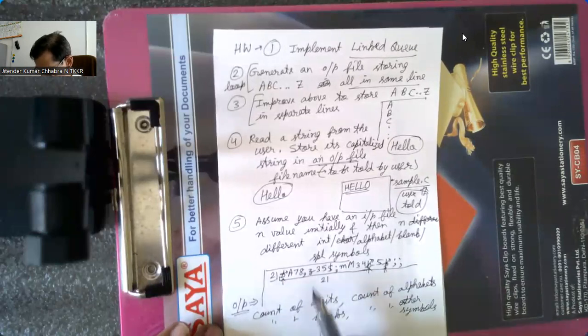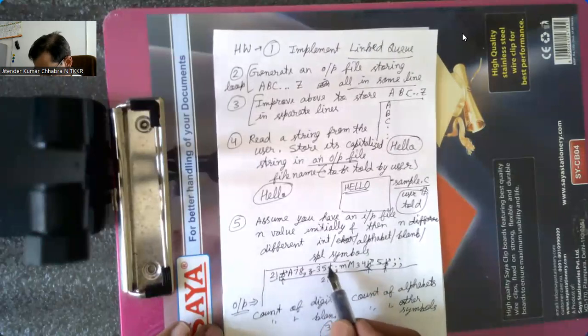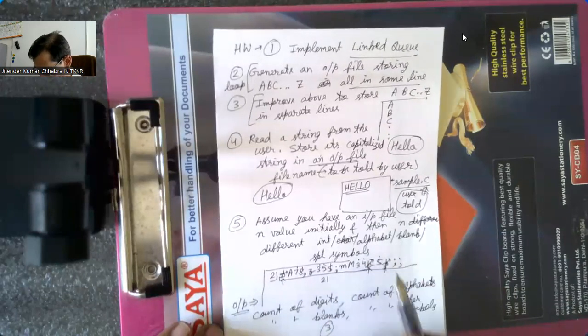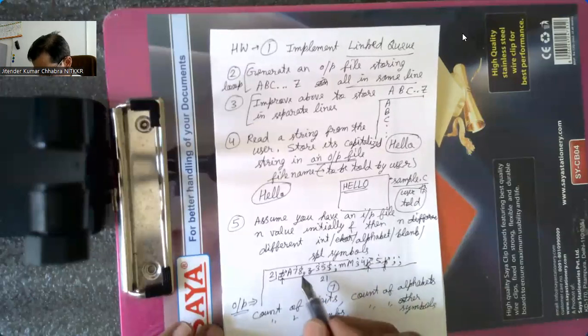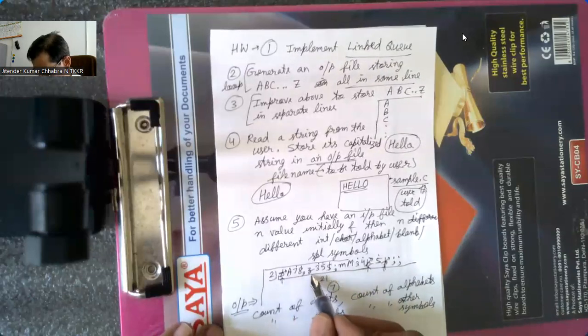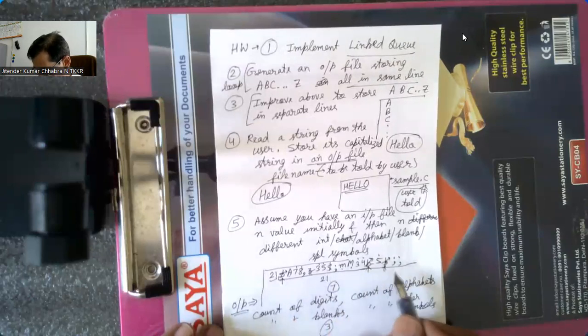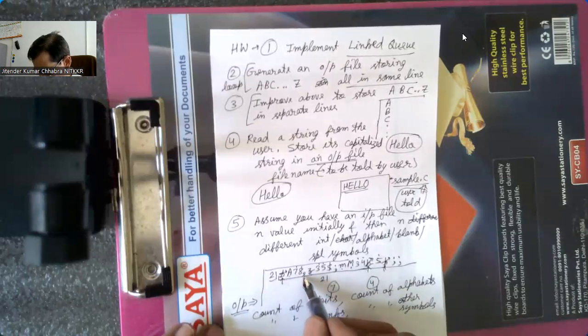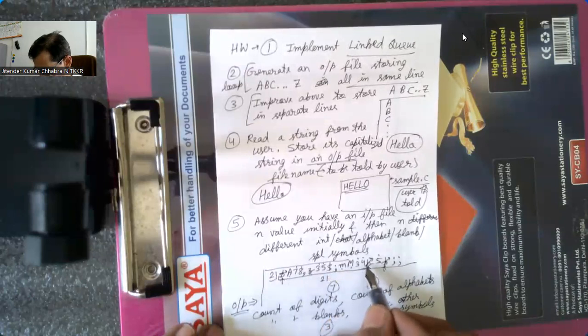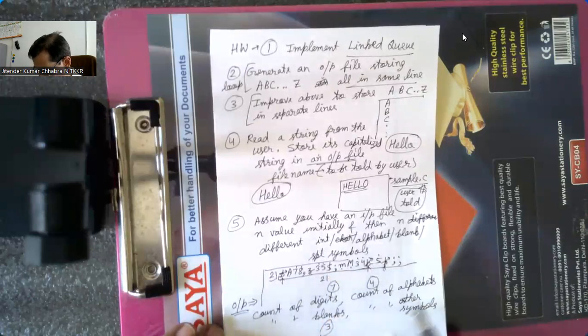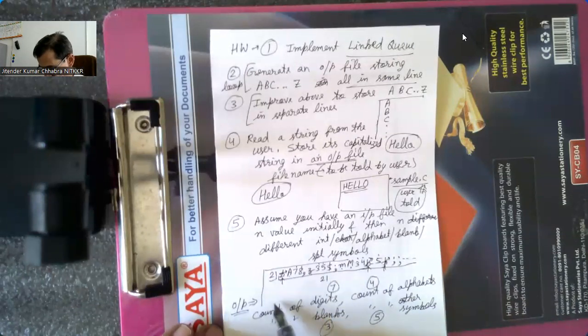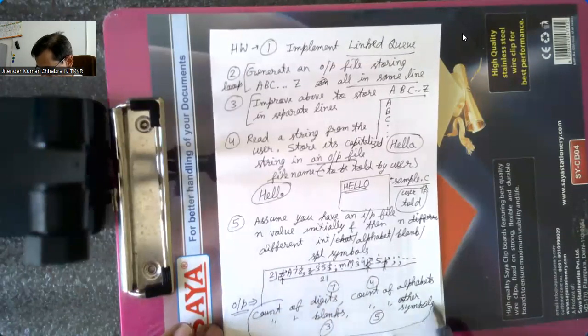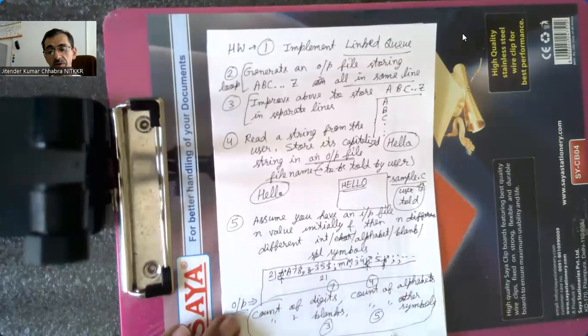So blank is 3, digits 1, 2, 3, 4, 5, 6, 7. Alphabets 1, 2, 3, 4, and so on. Special symbols 1 comma, 2 dollar, 3 semicolon, and after that another 4, 5, and so on. The total values could be more also. So this output is to be calculated from the file. You should be able to do this.